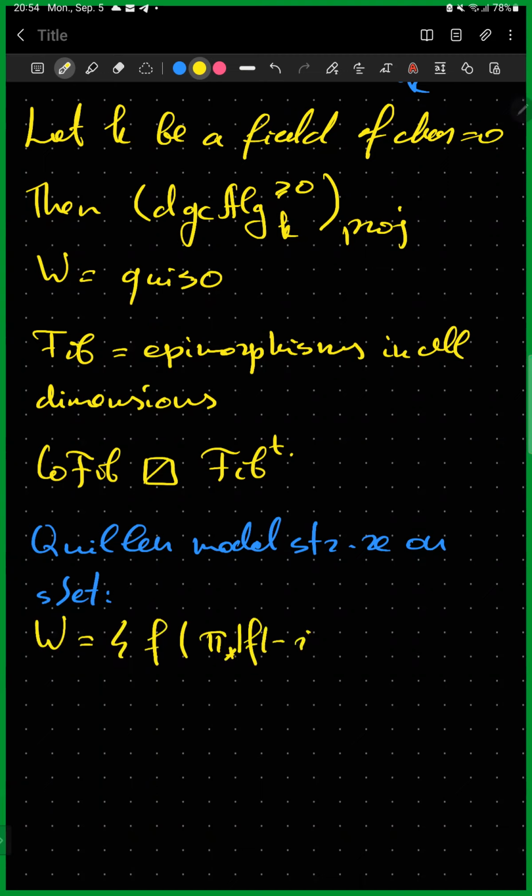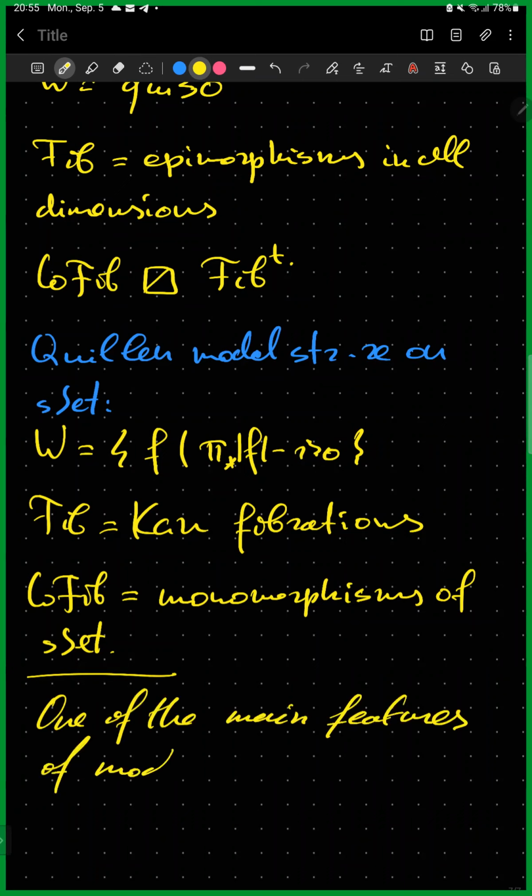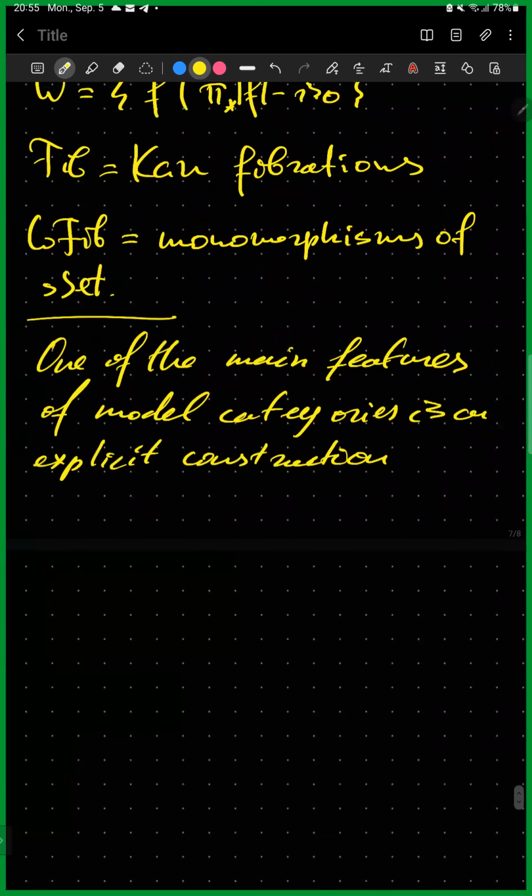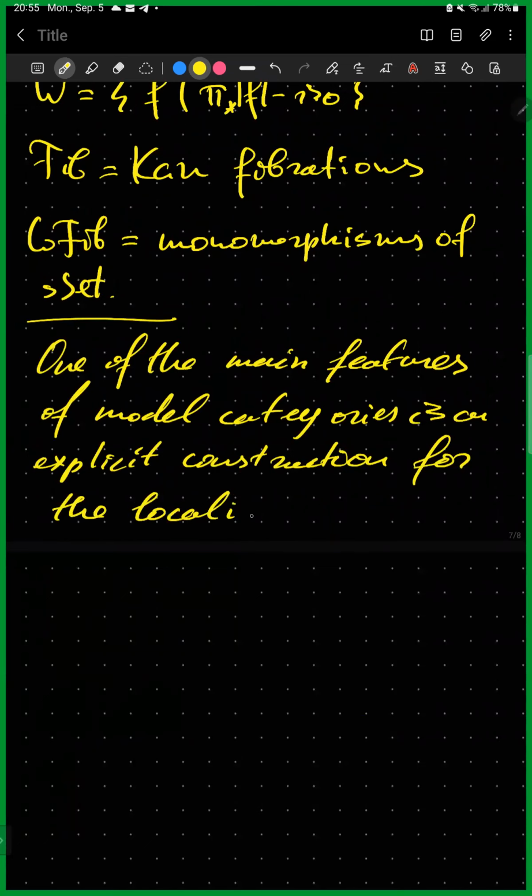One of the primary reasons is that one of the main features of model categories is an explicit construction for the localization in the subcategory of weak equivalences.